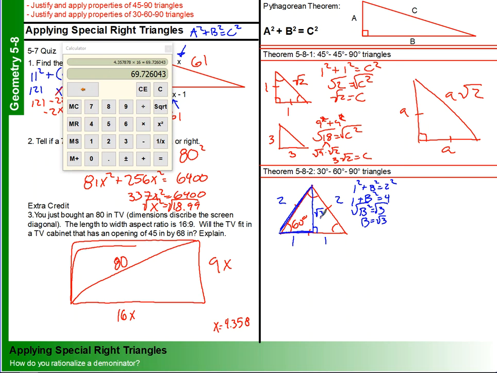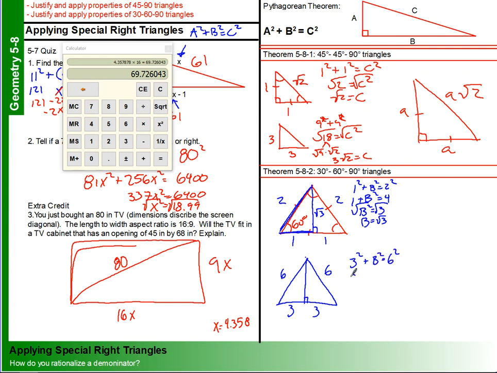Well, let's see what happens if I pick another side length for my equilateral triangle. So let's say I pick a side length of 6. If I drop an altitude, that makes this 3 and 3. And let's go through the same calculations. So we have 3 squared plus b squared is equal to 6 squared.